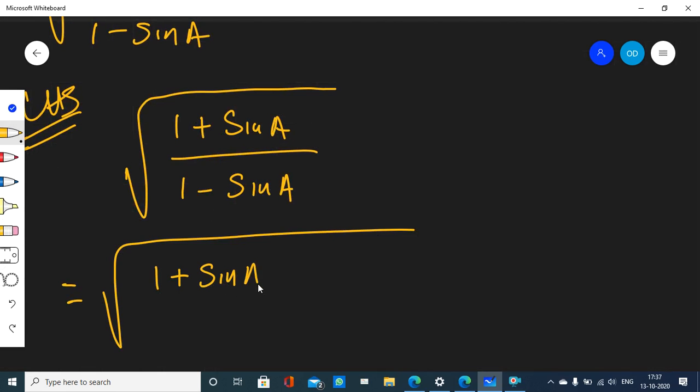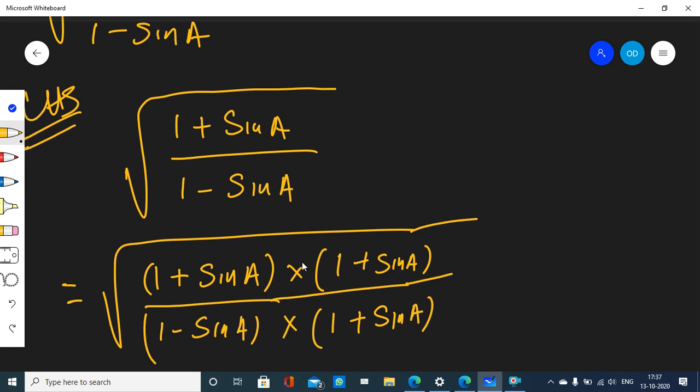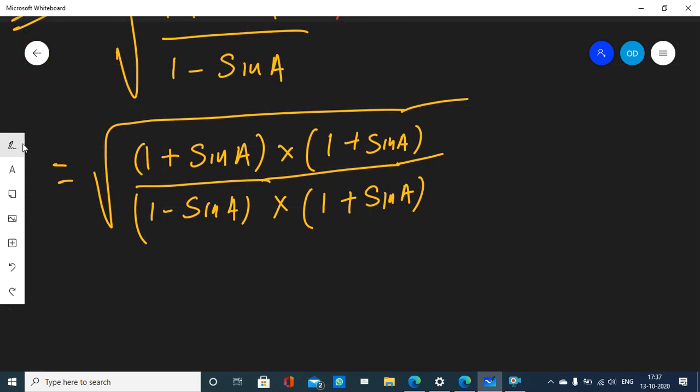How about I multiply 1 plus sin a on the top and also on the bottom? Well, is there any difference? These two fractions are the same, right? Because I can multiply the same non-zero number on the numerator and denominator; if you cancel these two out, you are left with the same thing. We haven't changed a bit, right?